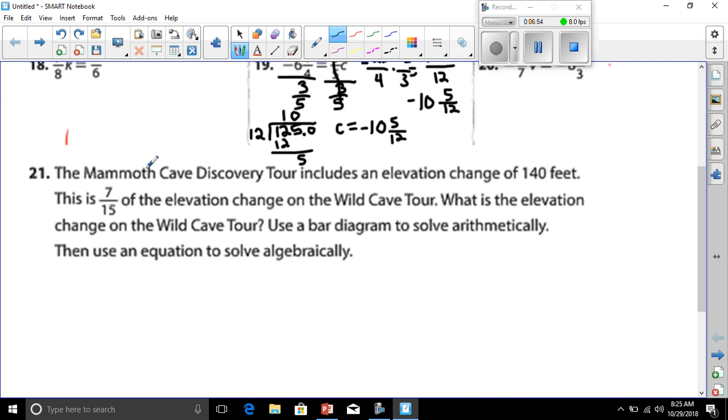Well, on one side, we know the Mammoth Cave has an elevation of 140. Okay, that is going to be the Mammoth Cave Discovery. And this is 7/15 of the Wild Cave Tour. So the Wild Cave Tour, okay, now they're saying it is 7/15 of the elevation.